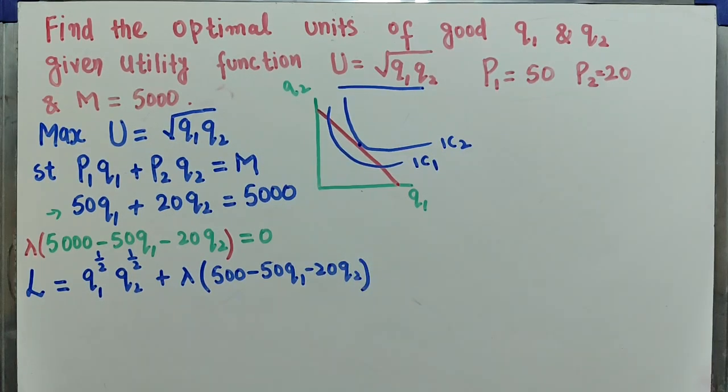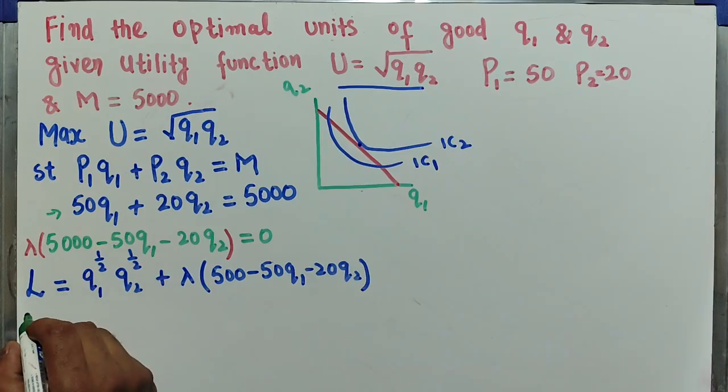Now, to find the optimal units of goods Q1 and Q2 and the value of lambda, we need to partially differentiate this Lagrange's function with respect to Q1, Q2 and lambda, and set them equal to 0 simultaneously.